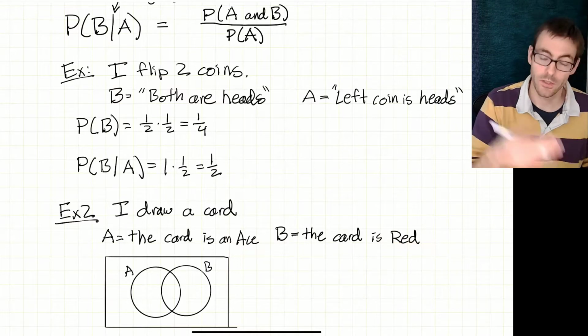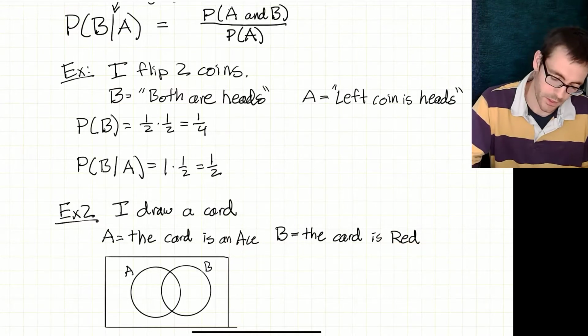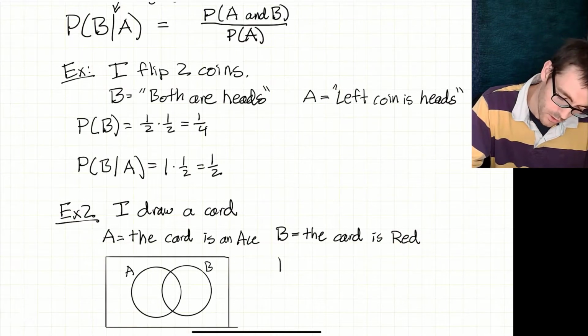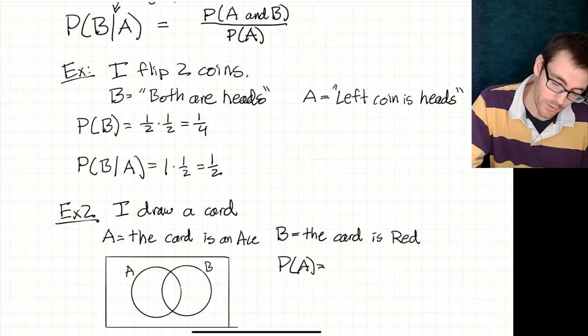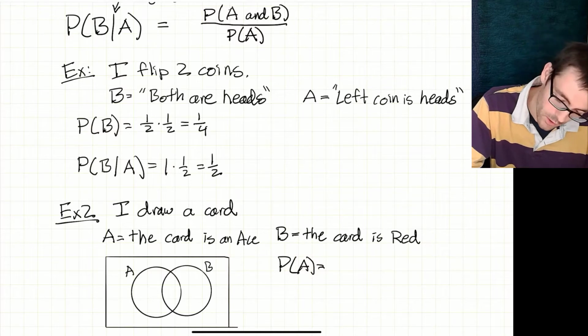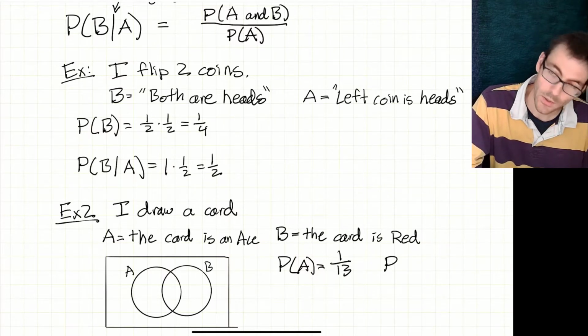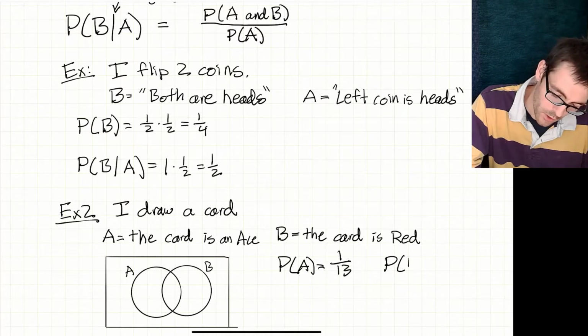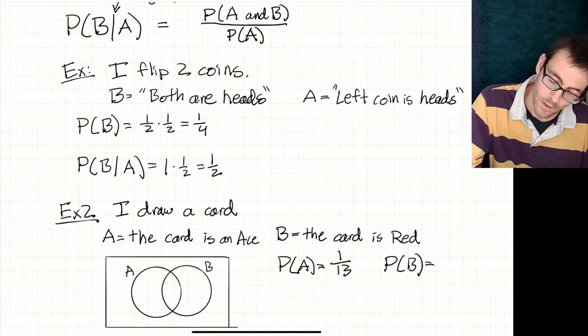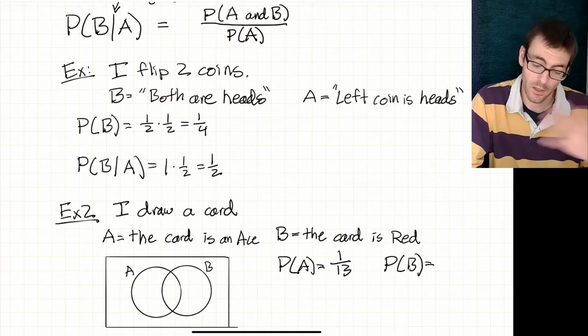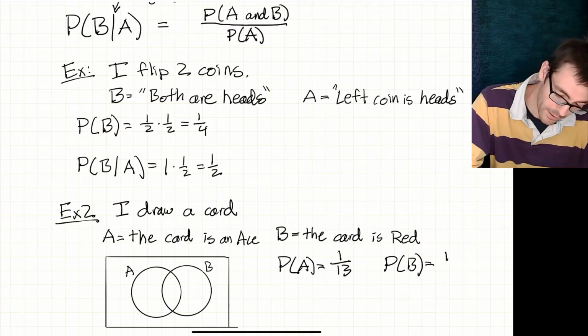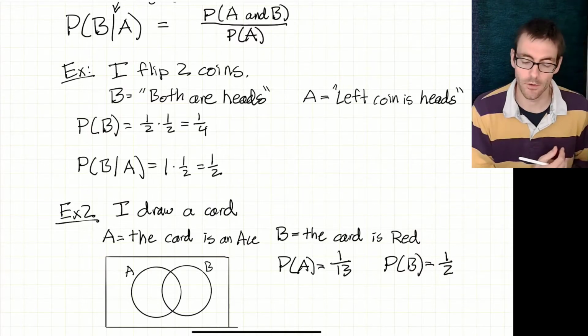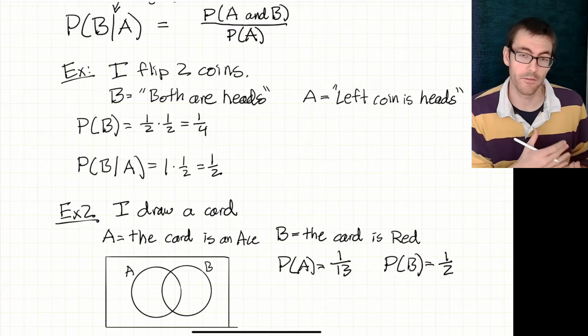I can ask questions, and I've actually asked these in the last video, like, what's the probability that the card is an ace? Well, there are 4 aces out of 52 cards, or 1/13. We could also ask the probability that the card is red. Well, there are 26 red cards out of 52, or put another way, half of the cards are red, so the probability of B is 1/2.